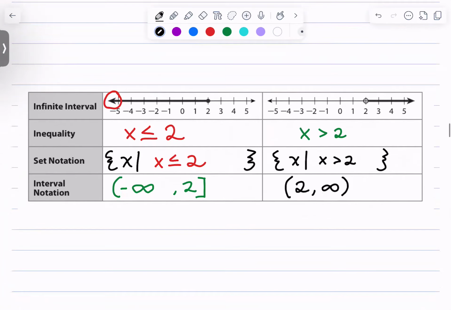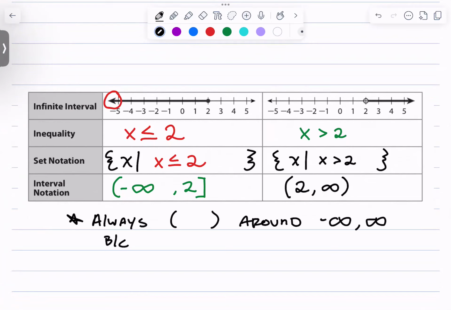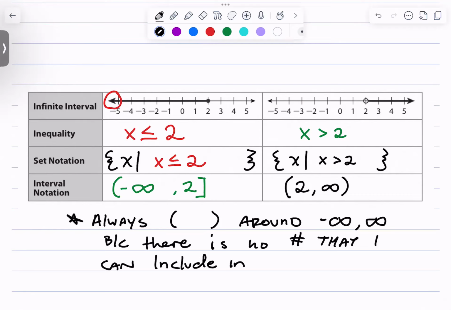Cool? So always parentheses around negative infinity and positive infinity, because there is no number that I can include in our set.